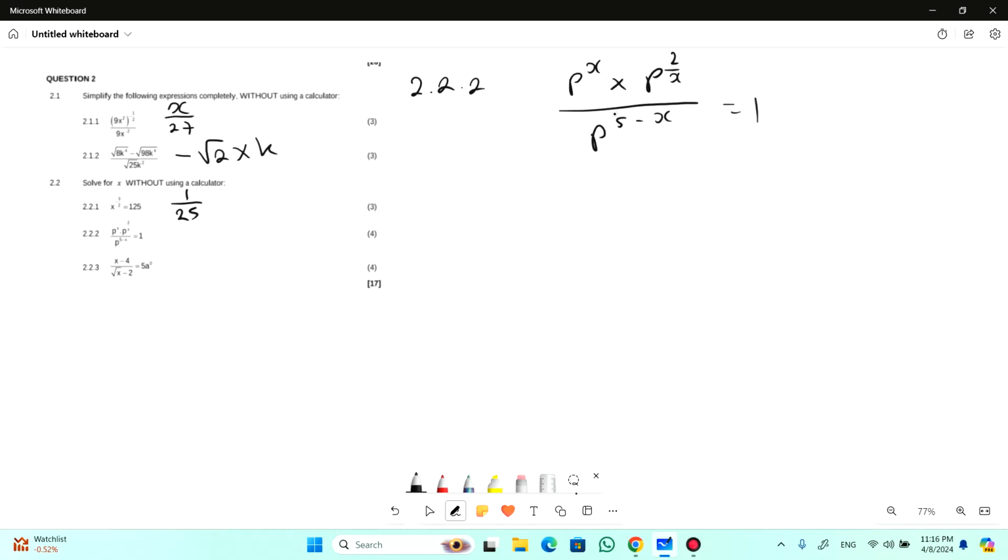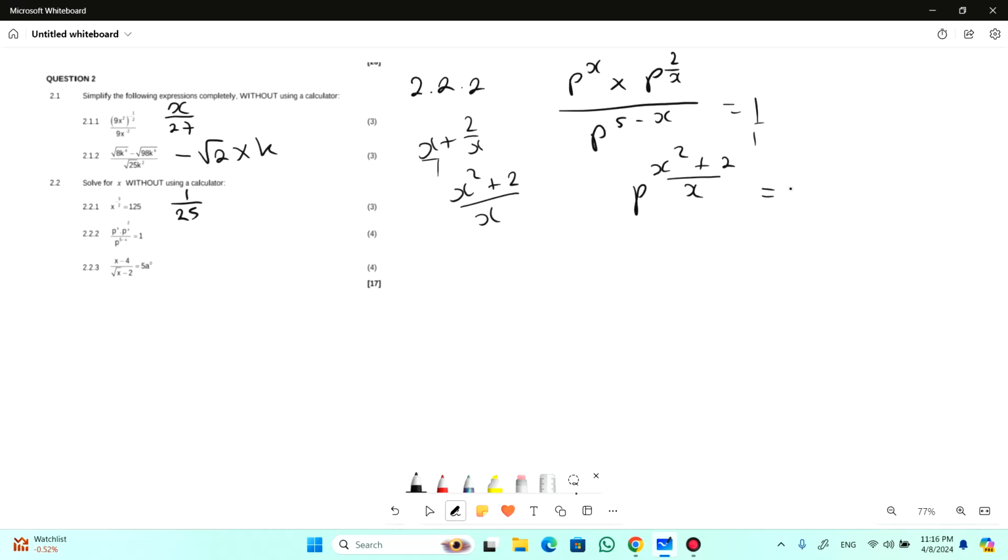On top, I have the same bases, therefore I can add the exponents, so meaning x plus 2 over x. That's the answer there, so I can have p to the x squared plus 2 over x.